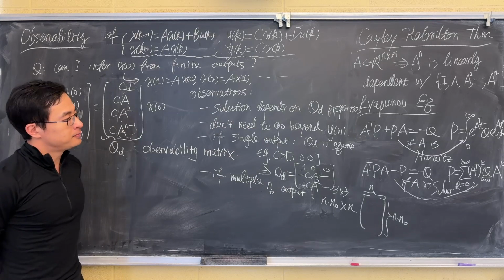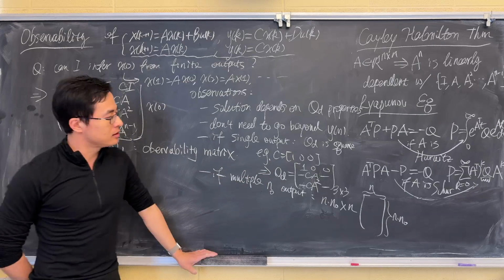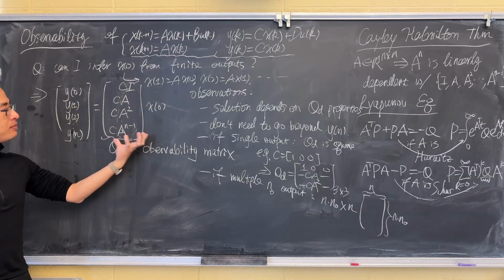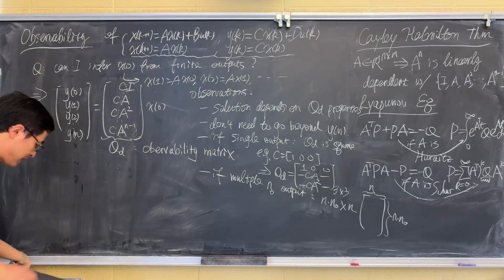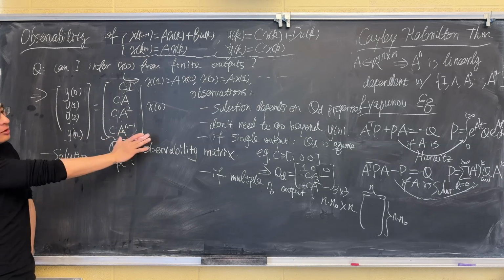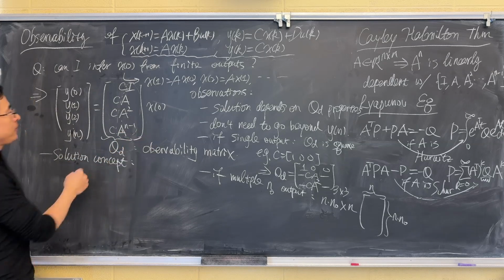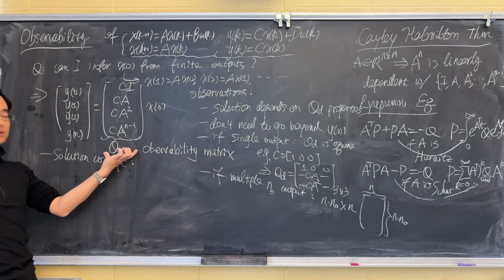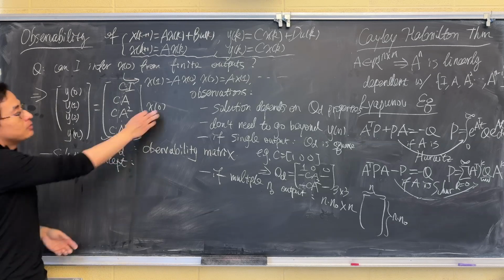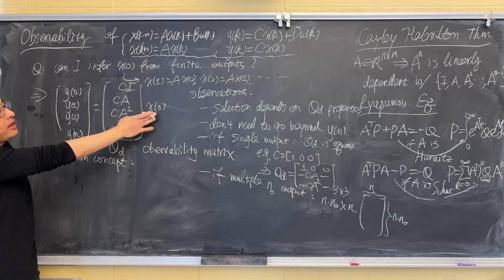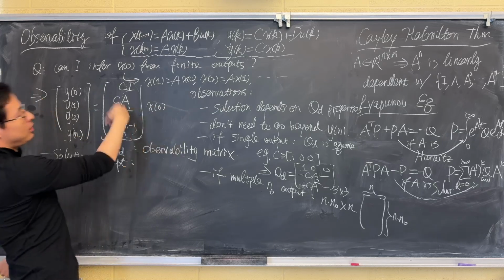Now, regardless of whether it's a square matrix or a tall matrix, what is the condition for this matrix-vector equation to have a solution? Now let's talk about the solution concept. To have a solution for this equation, first of all, the vector on the left-hand side, let's call this capital Y, must be in the range space of QD. What you have is a bunch of columns here, and x0 gives a linear combination of the columns of this matrix.